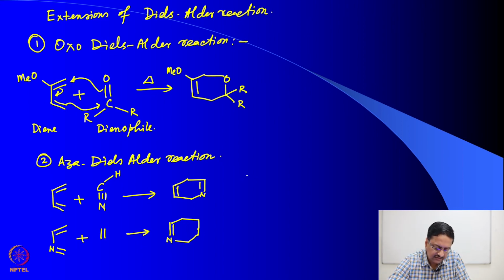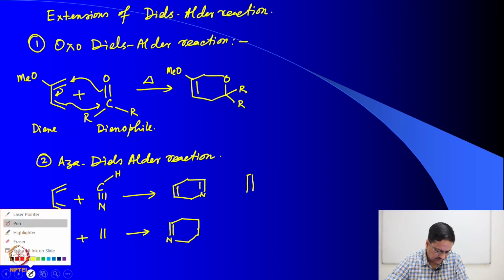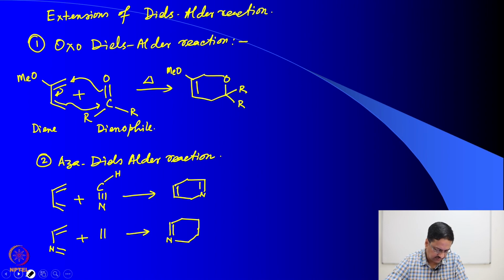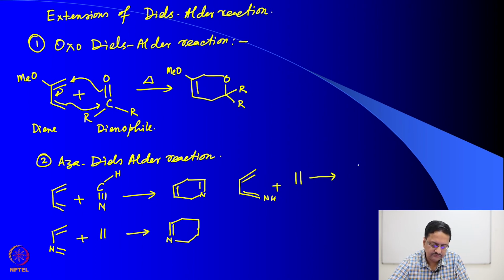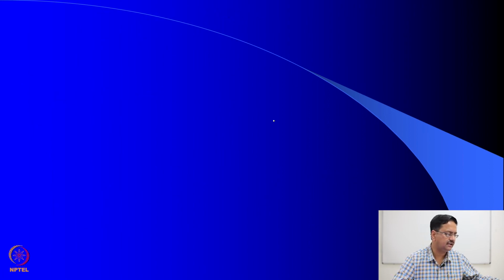Similarly, a third reaction also can be designed where the nitrogen is at the terminal position of the diene, it reacts with alkene to give you this heterocyclic compound.